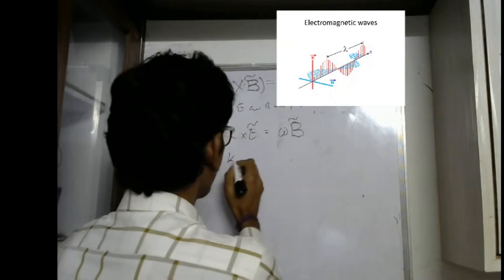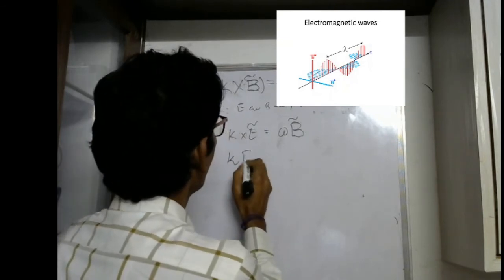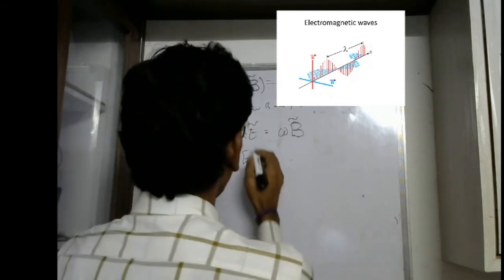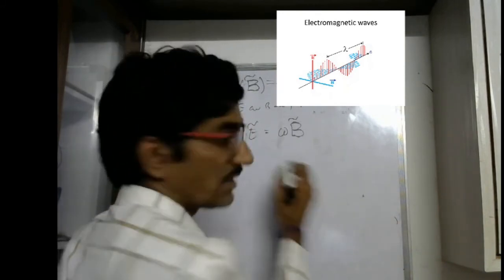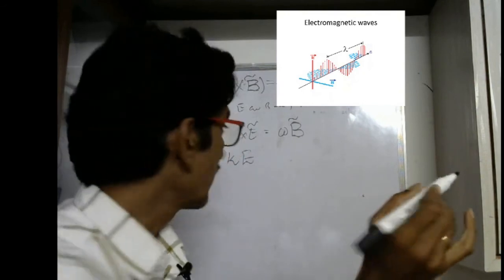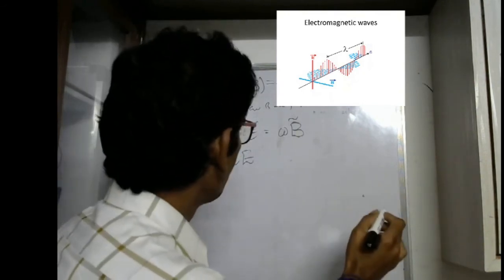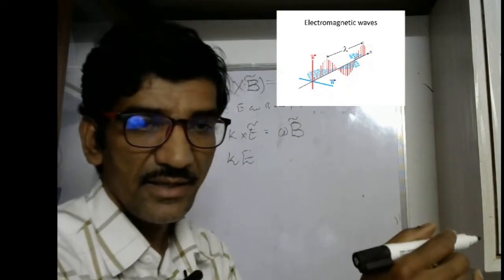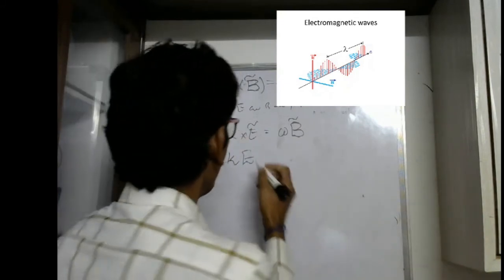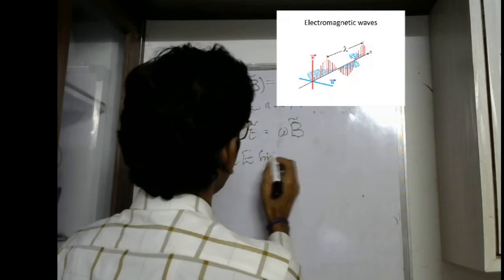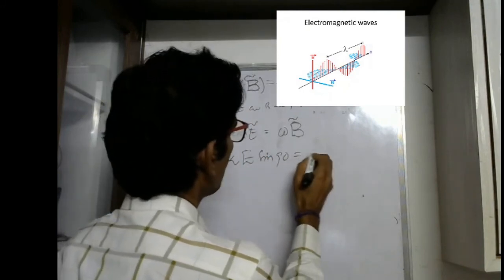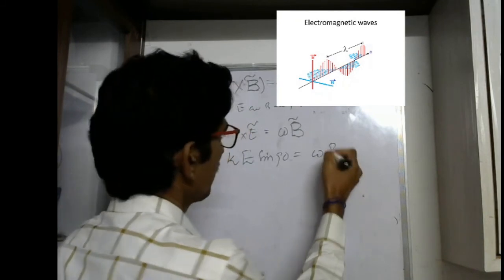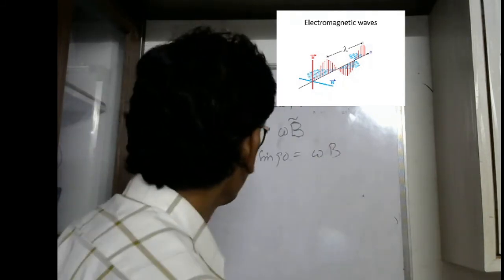The magnitude of K cross E is K E, if you write sine, since both are perpendicular, is equal to omega B. This is a magnitude.